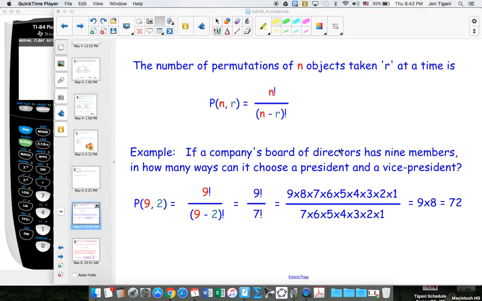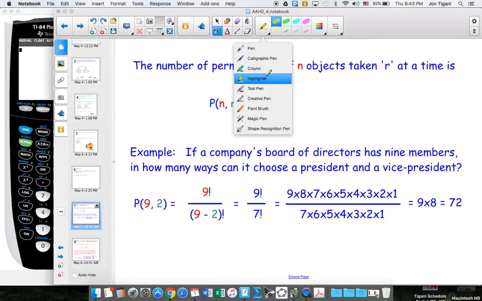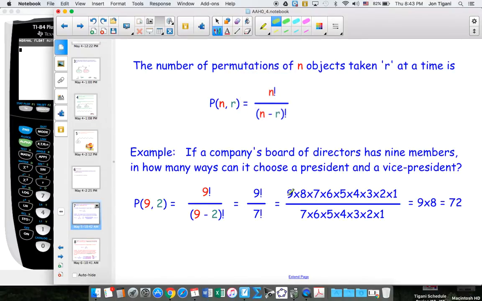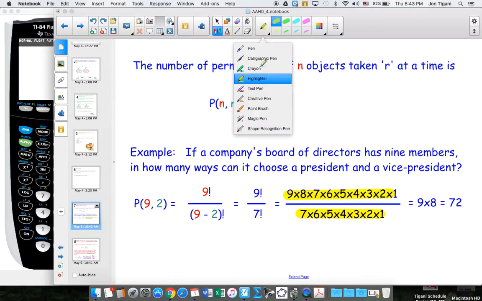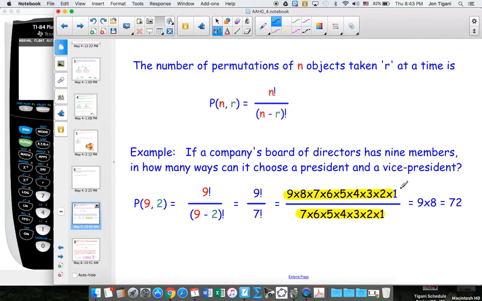What I want to show you in this video is an alternative way to find permutations and combinations using your graphing calculator. In the previous video, the one that I posted, the video notes for section 0-4, I had you list out all of the factorials, and then I had you cross off and simplify these pairings, which is perfectly fine.